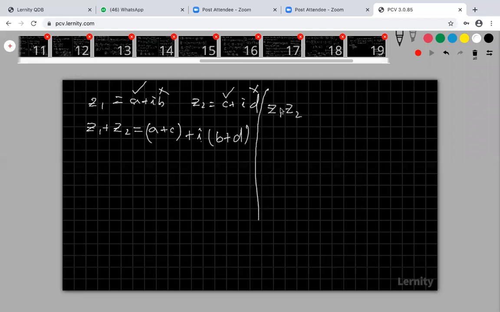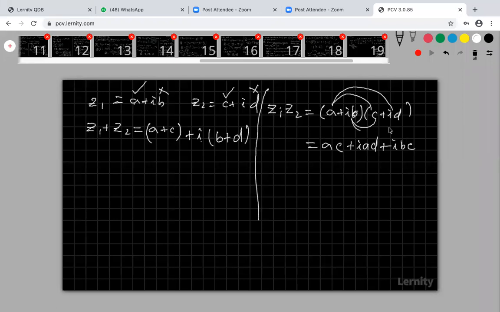We have already discussed this, we have already proved the result. How to multiply A plus IB and C plus ID? You have to multiply everything. A into C, and multiply the second term A into ID, plus I into AD, plus multiply like this, I into BC.